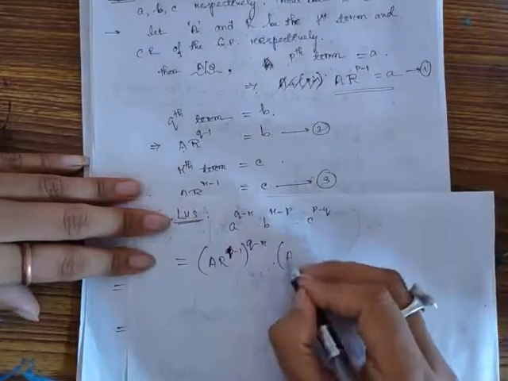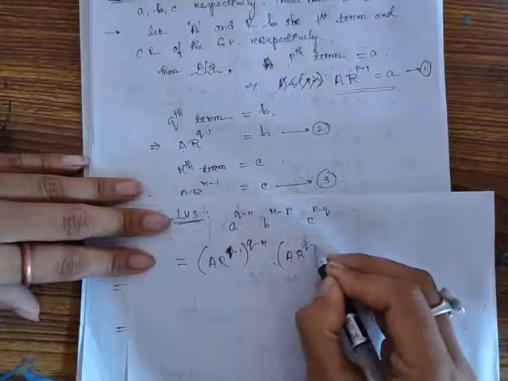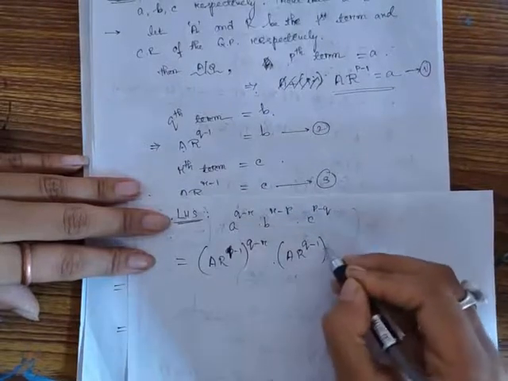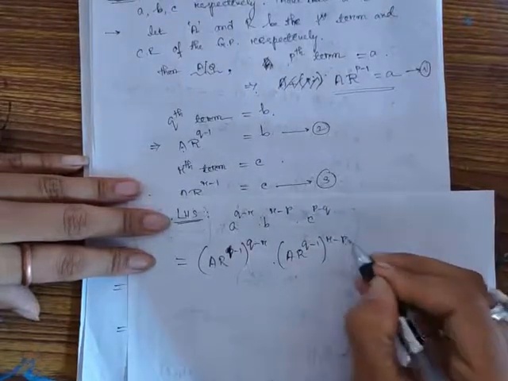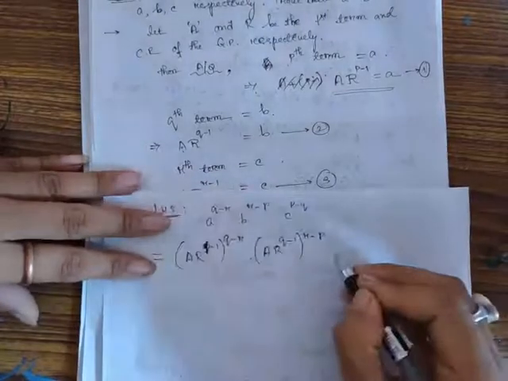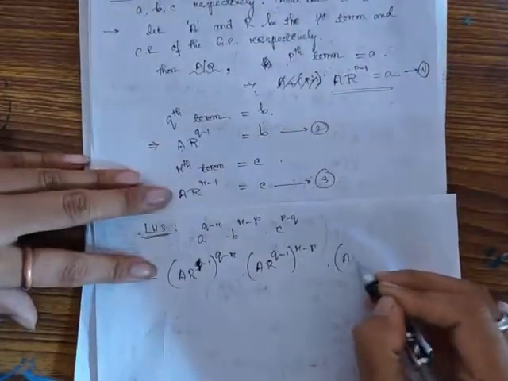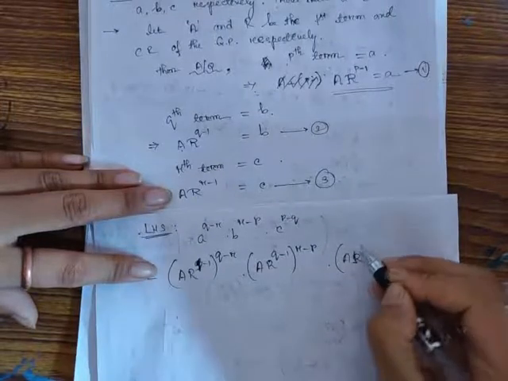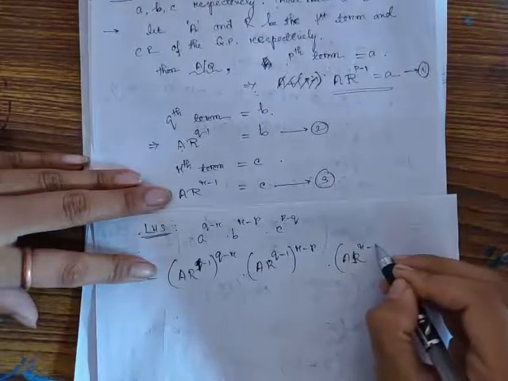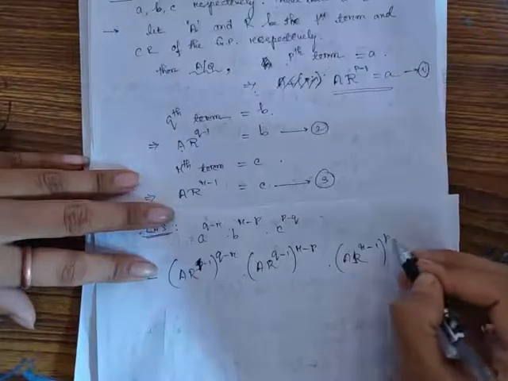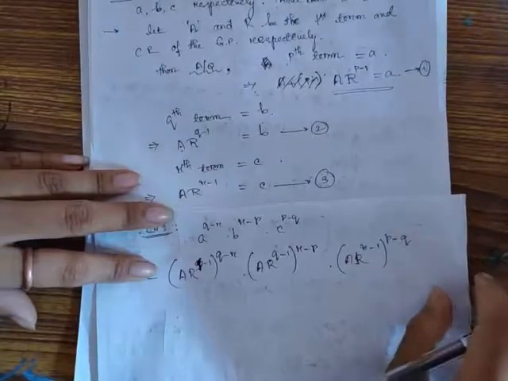B, we have a r^(q-1) to the power (q-1)... r minus p. This is our p. Next we have c value, a r minus 1 whole thing to the power p minus q.